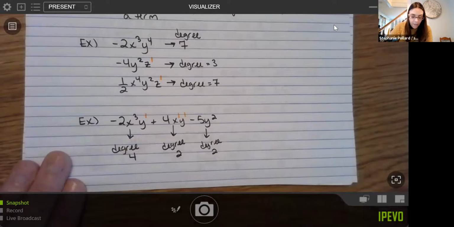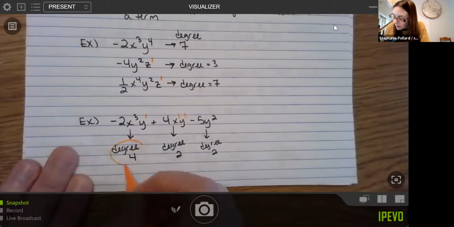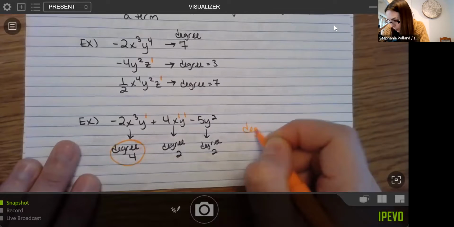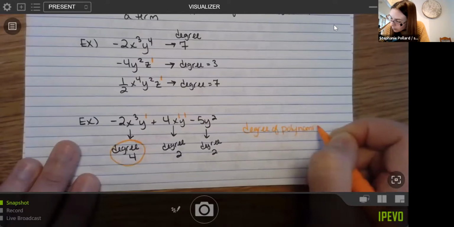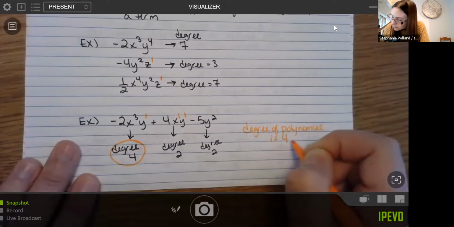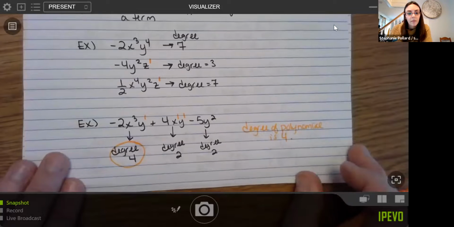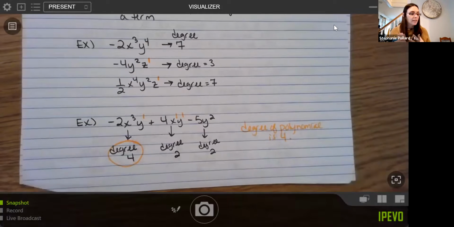So we just take the biggest one again. So the degree of the polynomial is 4. Okay, so very similar process. It's just that when you have more variables within the term, you want to add up those exponents first, and then you still take the overall highest degree.